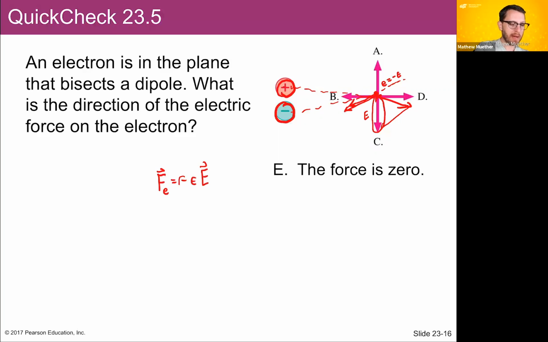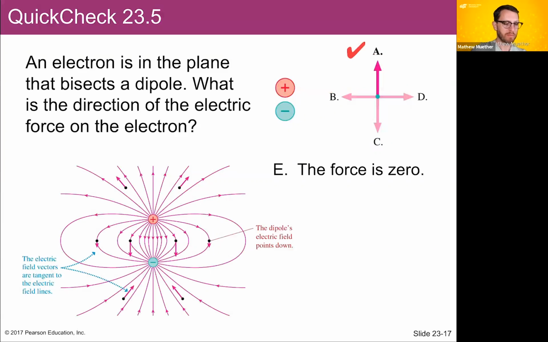And since I have a minus sign coming from the charge, it means that the force vector is going to point in the opposite direction to the electric field. That minus sign is indicating a switch in direction. So my force vector is going to be A. It's going to point upwards here. The electric field is pointing down in this region of space. That means the force from a negative particle placed here points upwards.